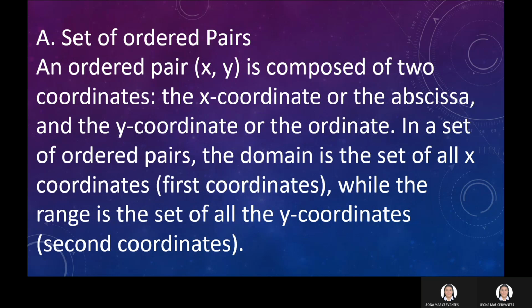First, let's have set of ordered pairs. An ordered pair x, y is composed of two coordinates, the x-coordinate or the abscissa and the y-coordinate or the ordinate. In a set of ordered pairs, the domain is the set of all x-coordinates or first coordinates, while the range is the set of all the y-coordinates or the second coordinates.